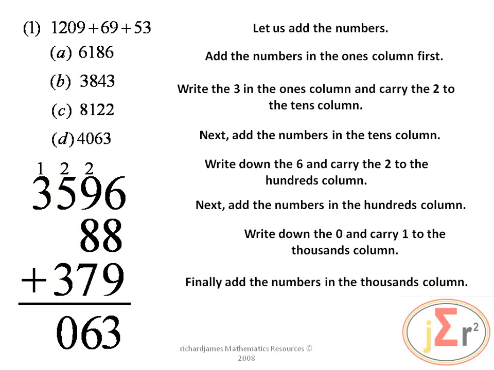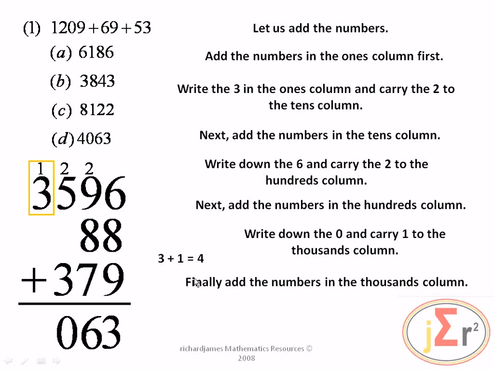Finally, add the numbers in the thousands column. Three plus 1. That is what we have right here. The numbers in the thousand column are 1 and 3.